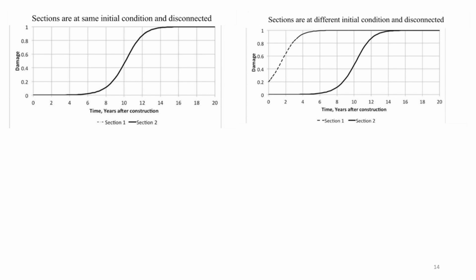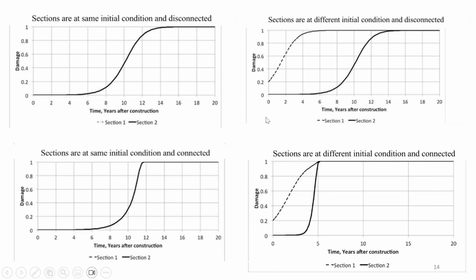The damage in one section is not affecting the damage in the other section. We can get some indication about the damage after construction. And you can see that we have a very good S-shaped curve, and we can be happy that, well, these sections are going to last for 14 years before they are completely damaged. Of course, we are not going to wait until it is completely damaged. We take preventive actions. But if we connect them, what happens?